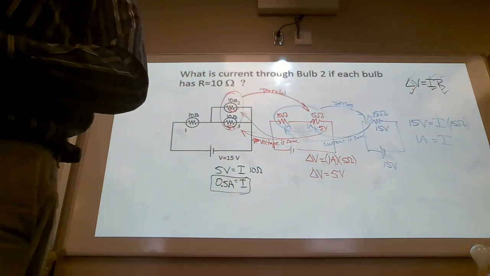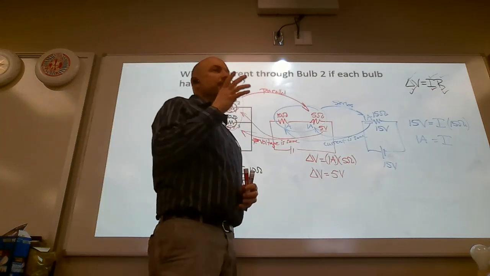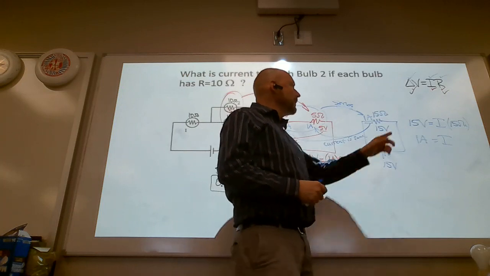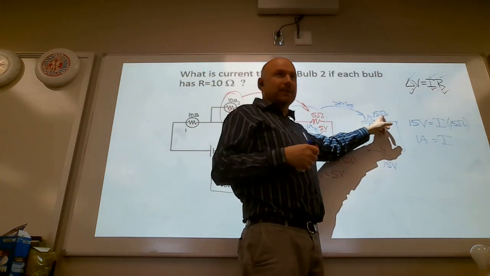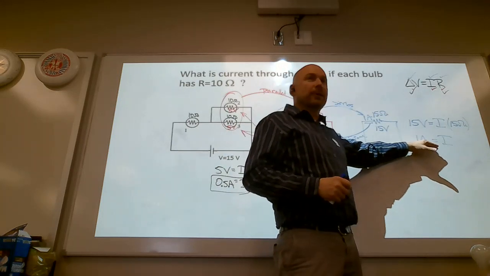Here are 2 sources of error. This is actually the most popular way people miss it. Most people can get down to 15 ohms, boil the circuit down to the right one, and find the total current.